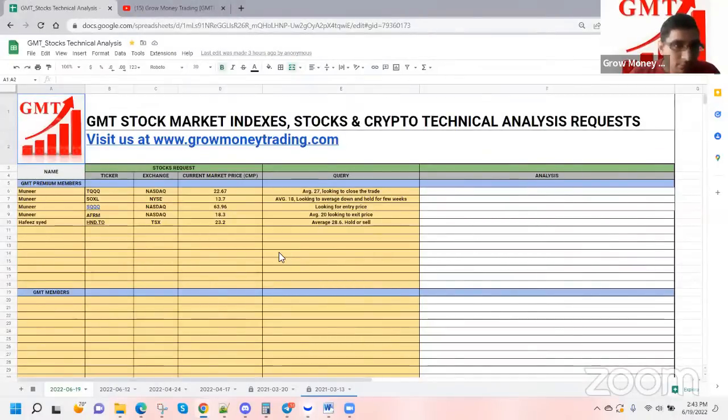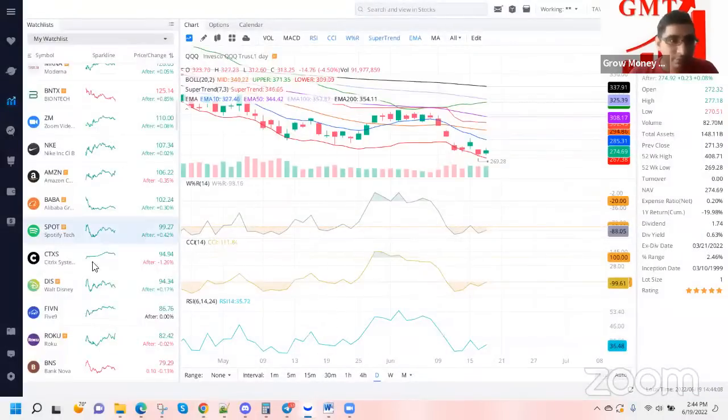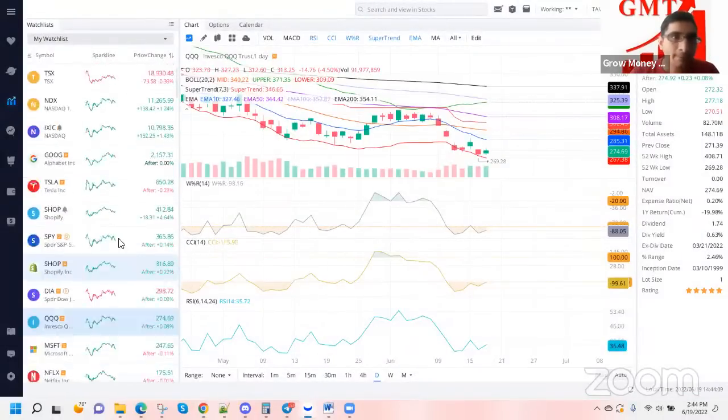Okay, so let's quickly cover TQQQ and SQQQ. Vivek sir has already covered, so I'll just cover TQQQ for Munir, and then we'll take rest of the requests.